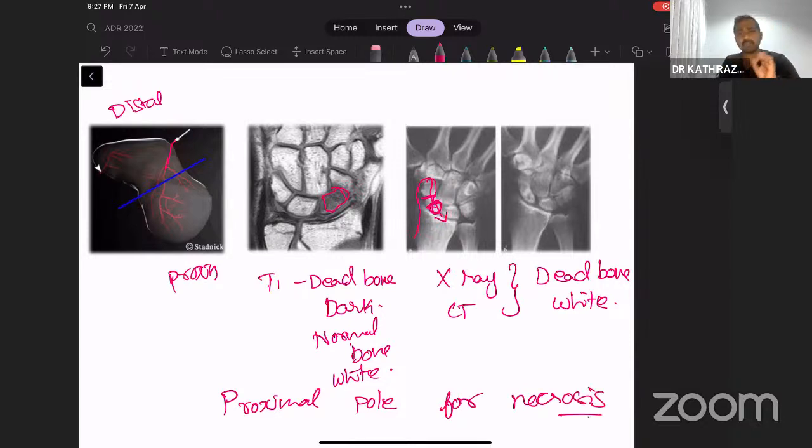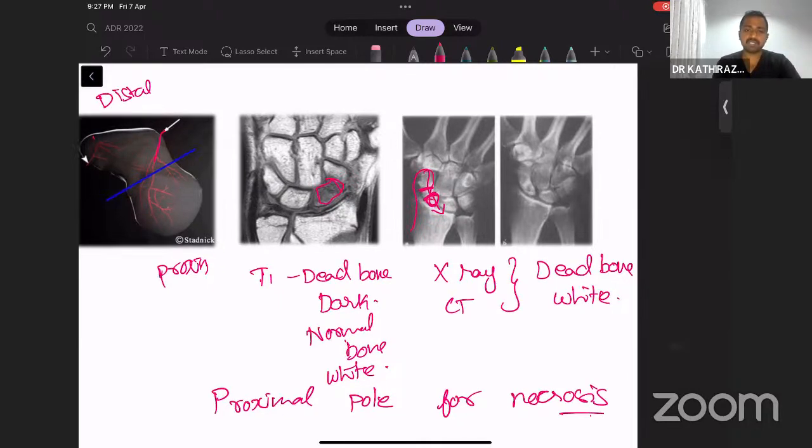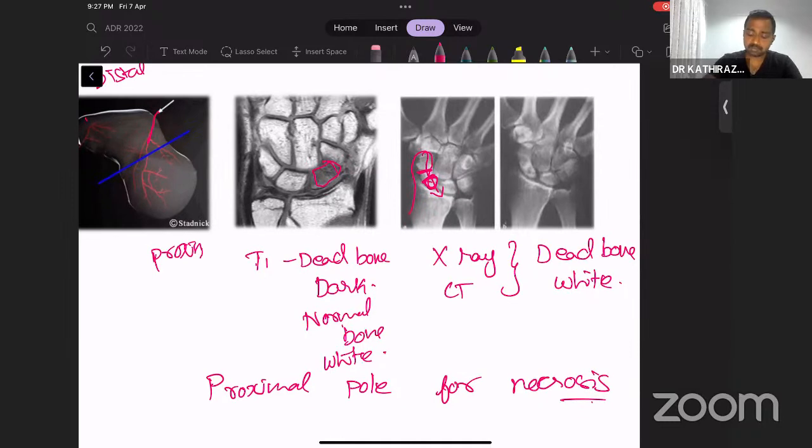If the fracture is happening at the distal most part, for example here, then that is not compromising any big flow of the scaphoid.